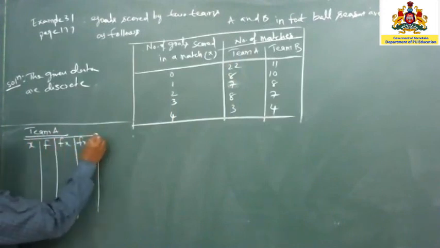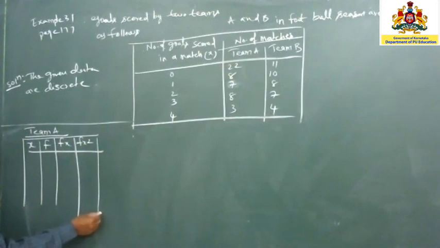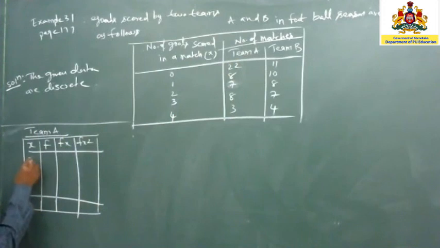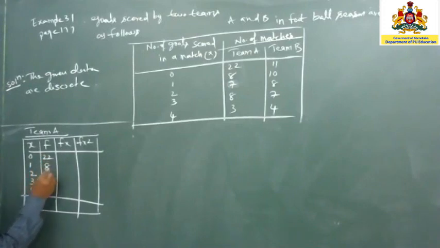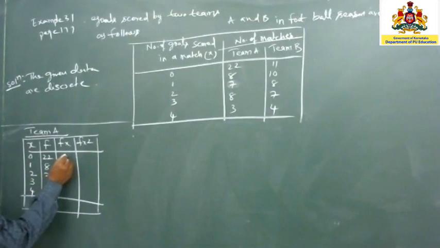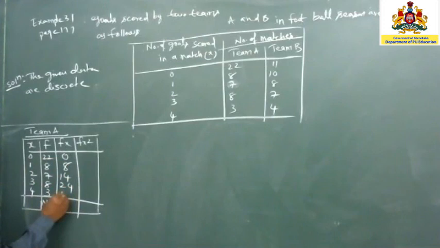So frame the table with 4 columns. X values 0, 1, 2, 3, 4. F values 22, 8, 7, 8, 3. Total 30, 37, 45, 48, so N equals 48. Fx values: 0 into 22 is 0, 8, 14, 24, 12 into 3 is 36, 48.